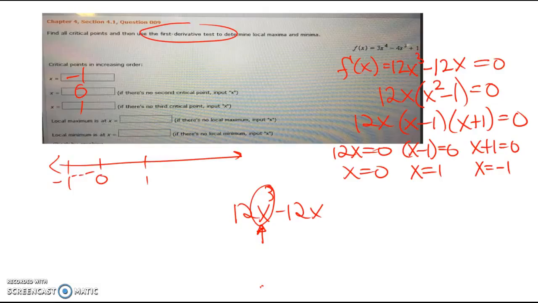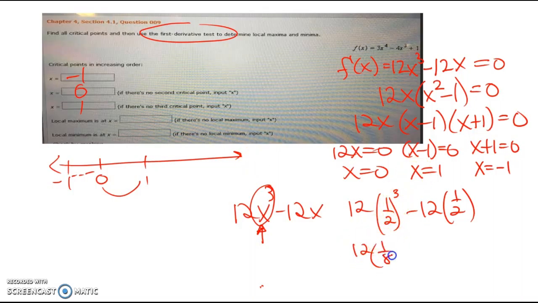If I put something like a fraction in, even if I said something between 0 and 1, I'd have, let's say, 12 times 1/2 cubed minus 12 times 1/2. Well, 1/2 cubed is smaller, isn't it? It's 1/8. So this would be 12 times 1/8 minus 12 times 1/2. Notice that that's still negative. Negative, negative, negative. Now, once I get larger than 1, this will be positive.